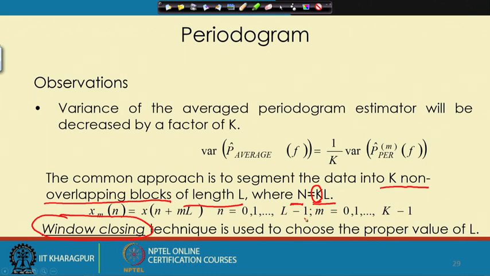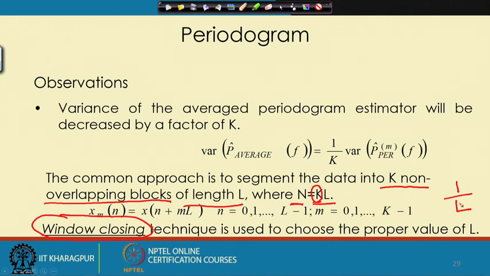We will have a band pass filter which comes out of the finite amount of data. It has a bandwidth proportional to 1 by L in this case. So, frequency domain resolution will decrease if we reduce L. So, that is not a good option.